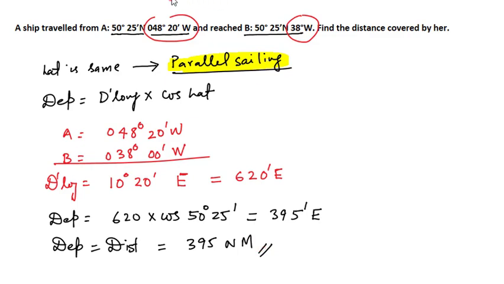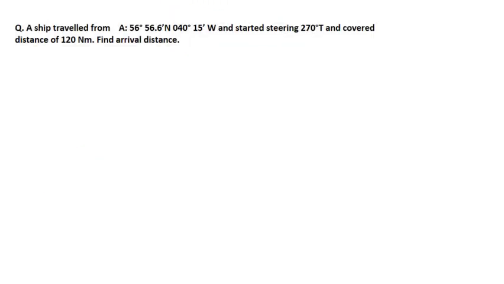Now let's do another problem. In this problem, a ship traveled from a position A, 56 degree 56.6 minute north and 040 degree 15 minute west, and started steering a course of 270 and covered a distance of 120 nautical mile.